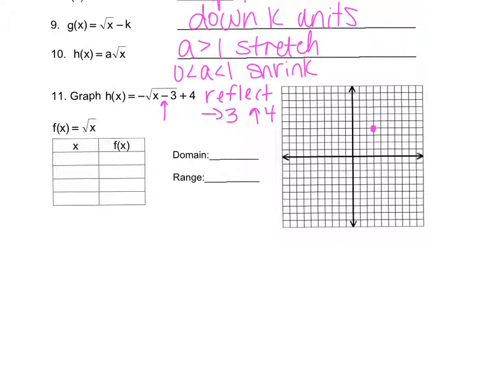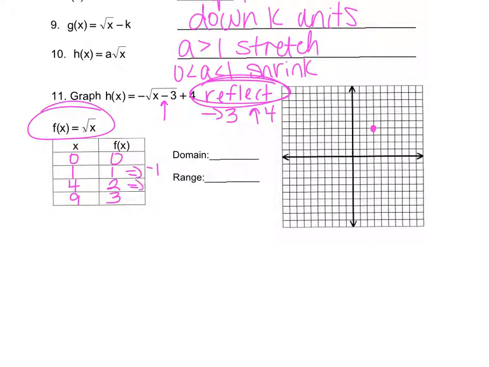Then I'm plotting the points from our parent function. So I'm going to fill those in. Remember, we did 0, 0, 1, 1, 4, 2, and 9, 3. Now, after we shifted, remember our transformation, we're also reflecting, which means we're changing the sign of our y value.